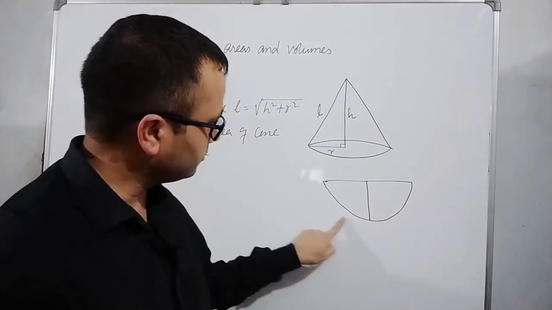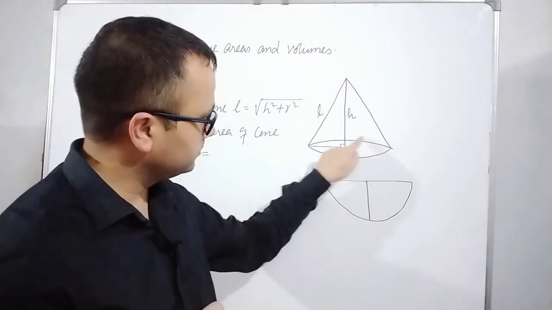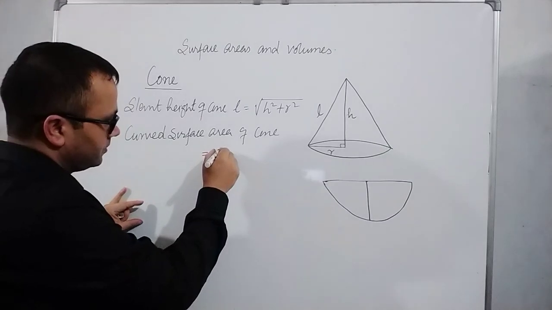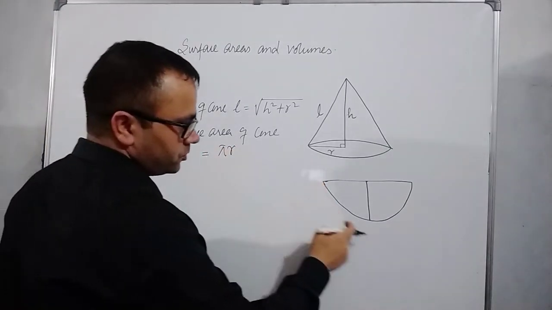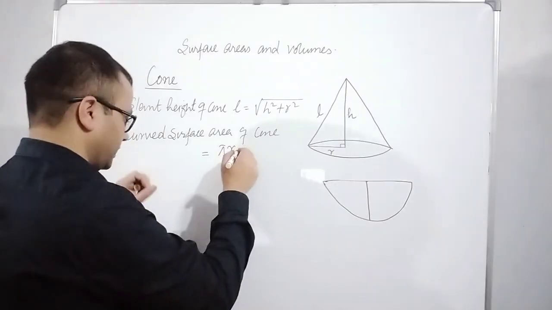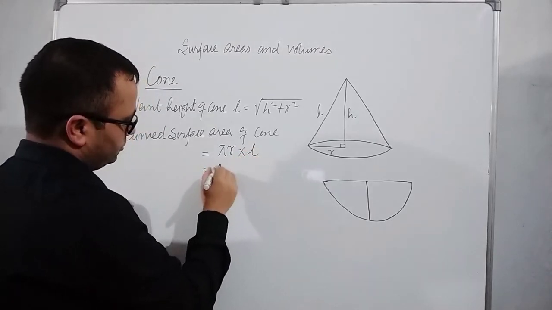Perimeter of semicircle is this. So curved surface area of cone is this portion is pi r, now into L, slant height. So this equals to pi r L.